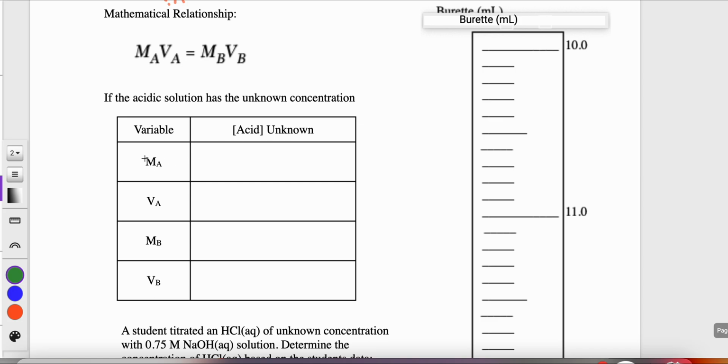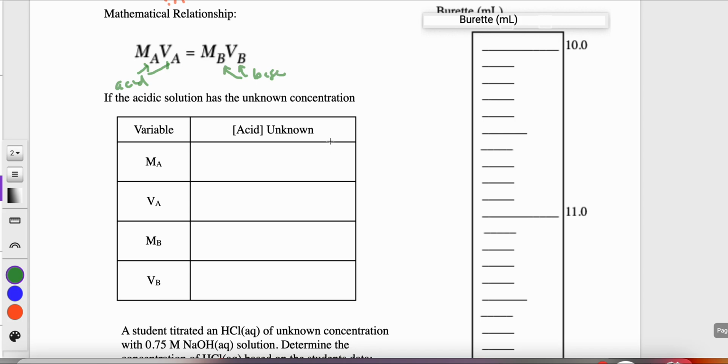So capital M is the molarity and the A stands for acid, where M and V on the opposite side are still molarity and volume, but the subscript of B stands for the base.